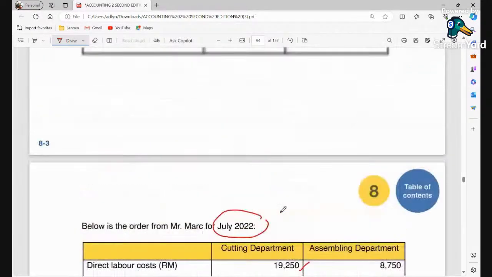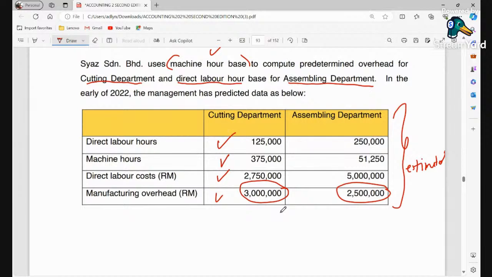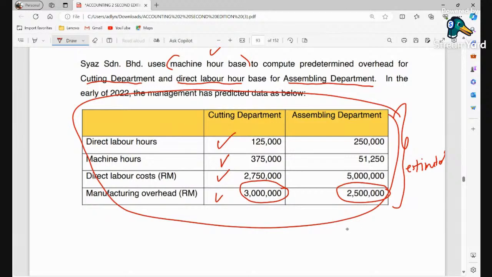All right. So that is the amount that we need to use to calculate the POR. Kena faham yang kita guna dalam pengiraan POR adalah semua data yang diberi di awal soalan. Ini memang digunakan untuk mengira POR.